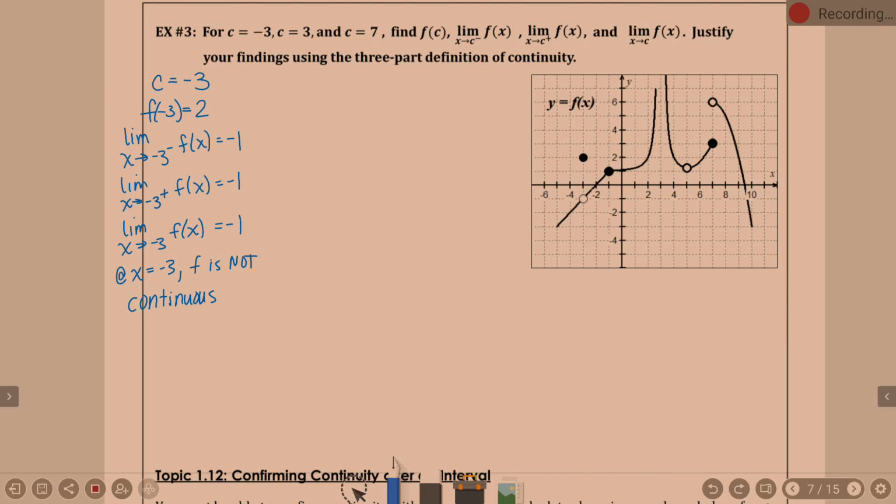So I'm going to write that as the limit as x approaches -3 of f of x does not equal the point, so it does not equal f of -3. Okay, we can do that because we've defined both of those pieces up above, yes? We defined that limit to be -1, we defined that point to be 2, and -1 does not equal 2.